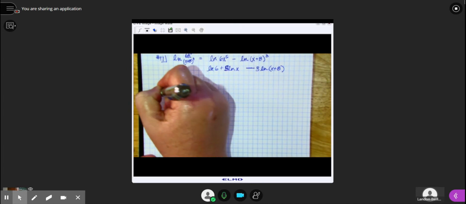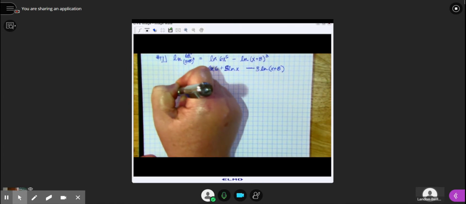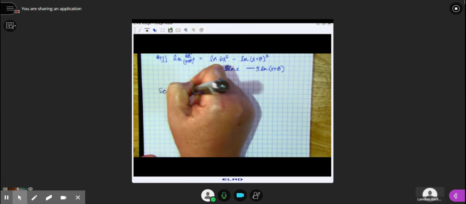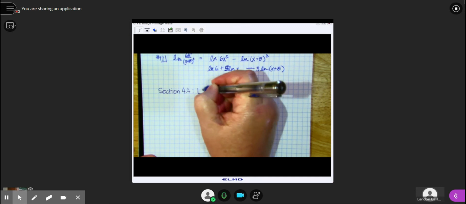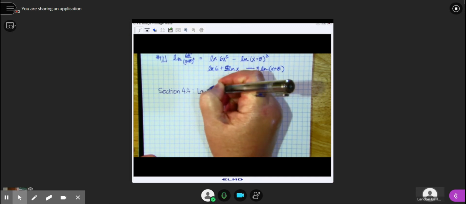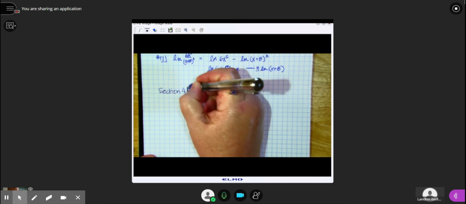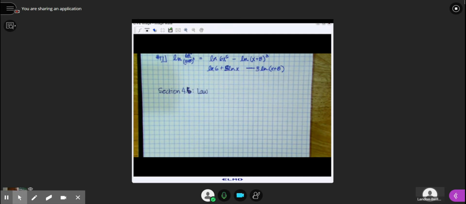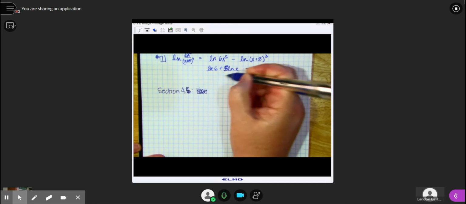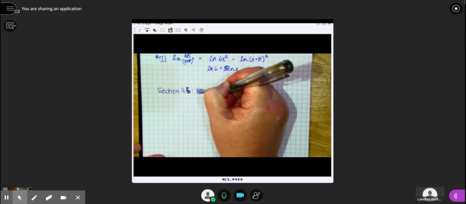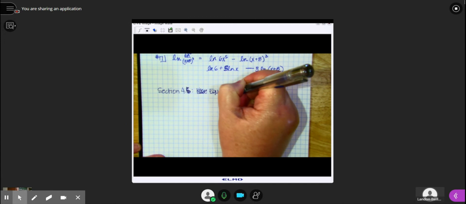All right, so this is section 4.4. Oh no, we should be in 4.5, sorry. Okay. There we are.